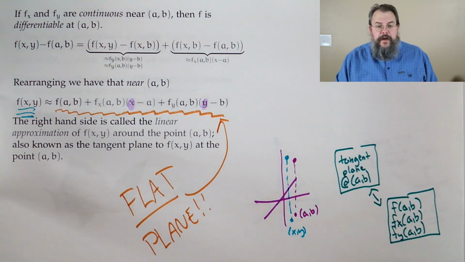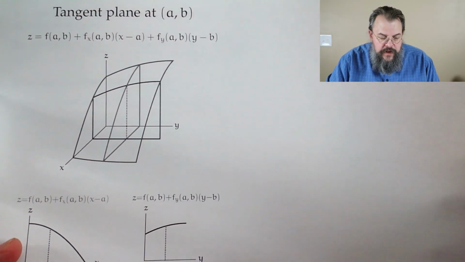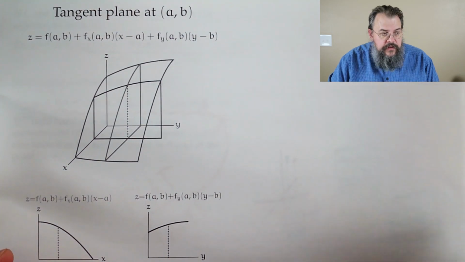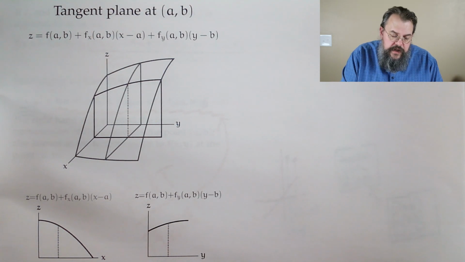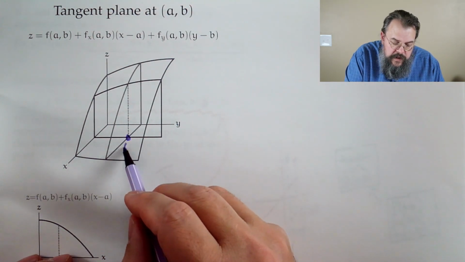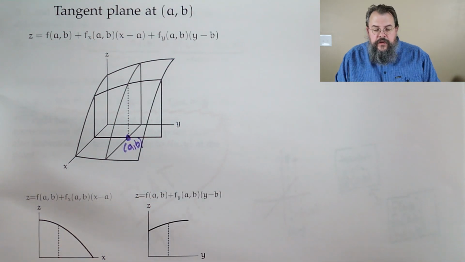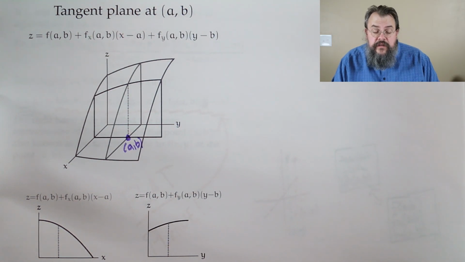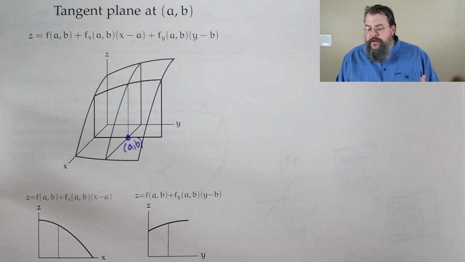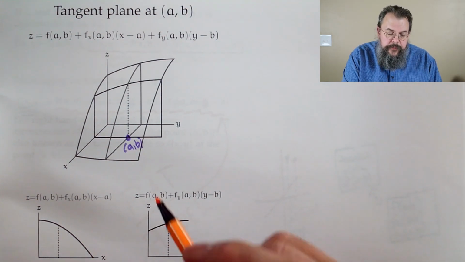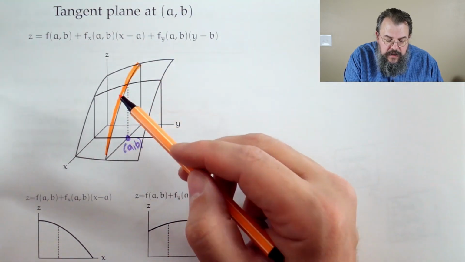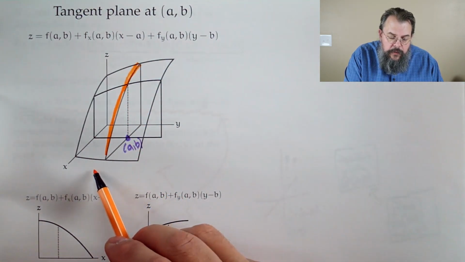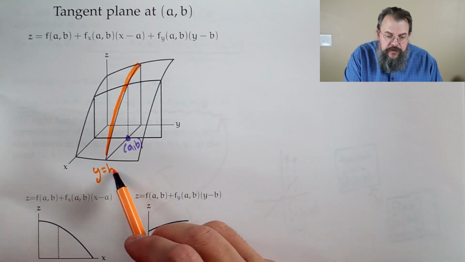So in general, what do we have? Well, we can talk about the following sort of setup. We have our point down here, (a, b). So when we look at our slices, what's going on? Suppose we take a look at this slice right here. This is the slice which corresponds to y equals b.